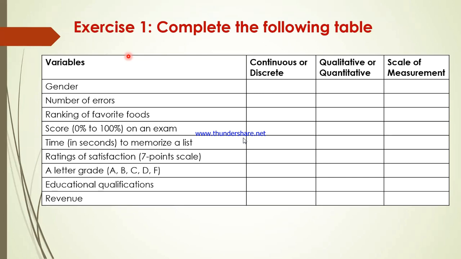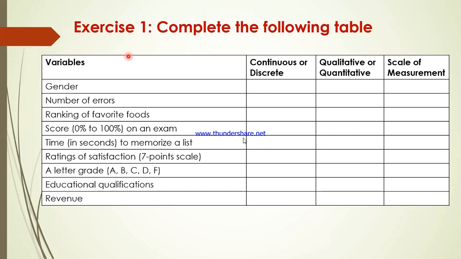Then scores of an exam, 0 to 100%. Is it continuous or discrete? Here, 0 marks, 1.5 marks, 75.87%, 66.23%.